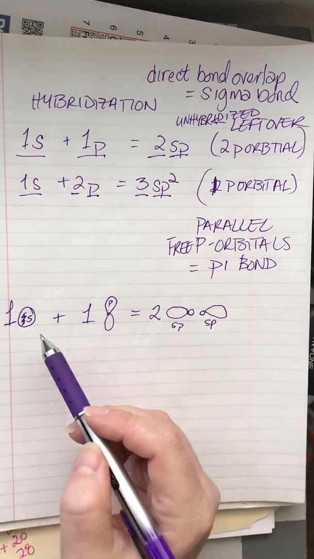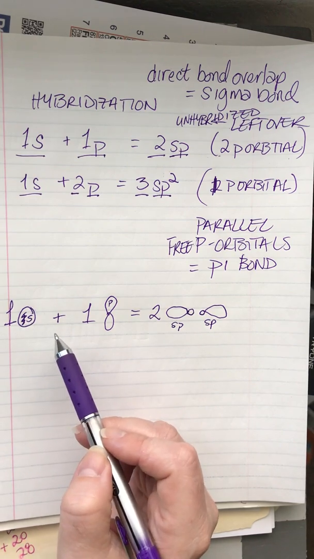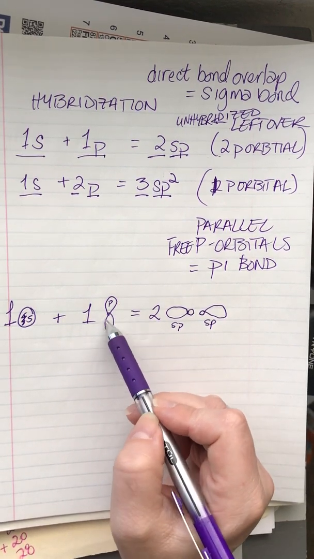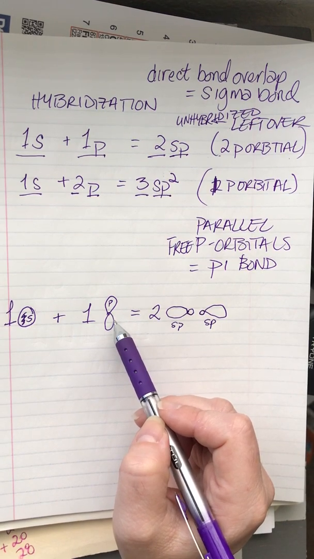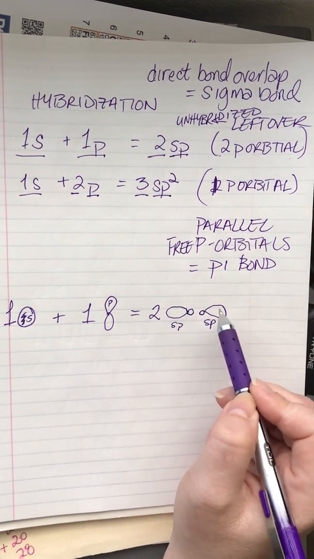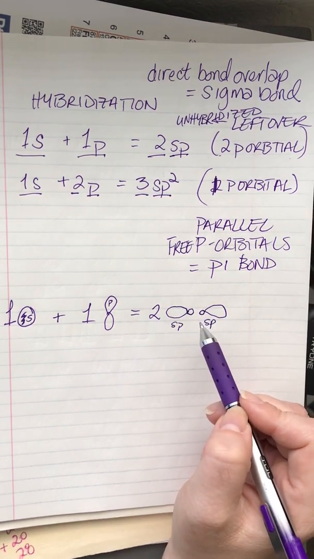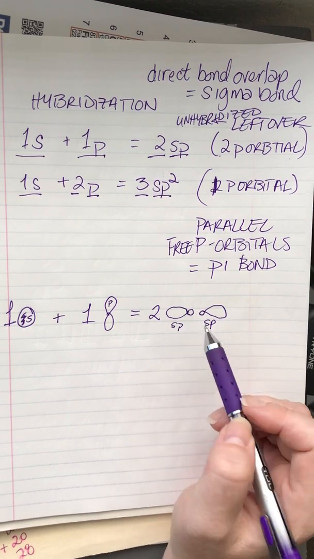But the basic idea is if we took an s orbital, which is roughly spherical, and a p orbital, which has this barbell shape, and averaged them out, we could get two orbitals that increase the overlap in the sigma bond.